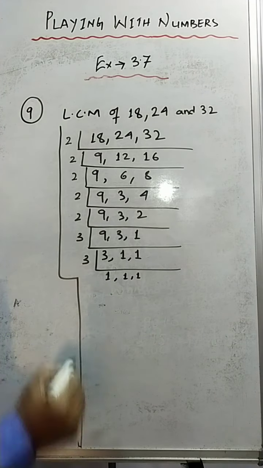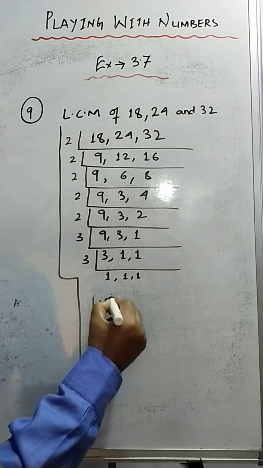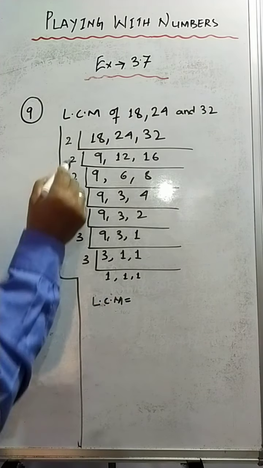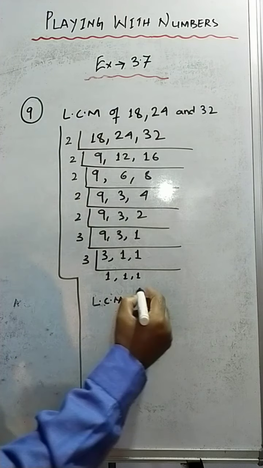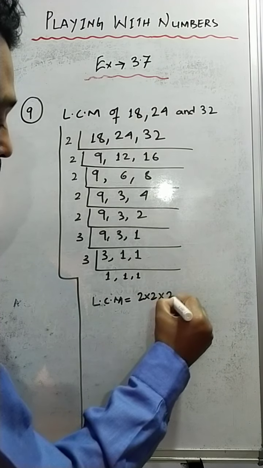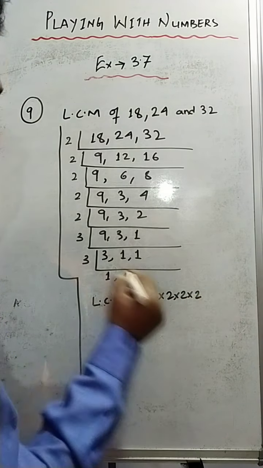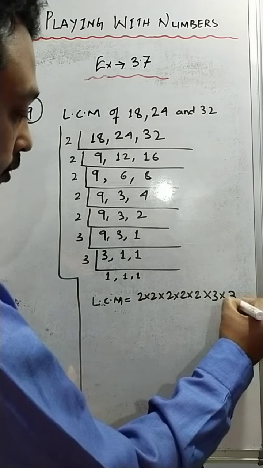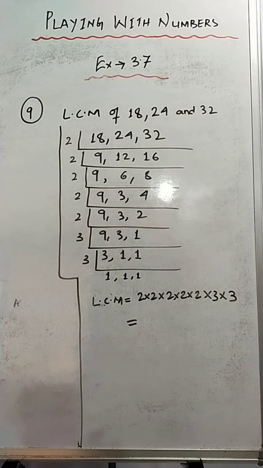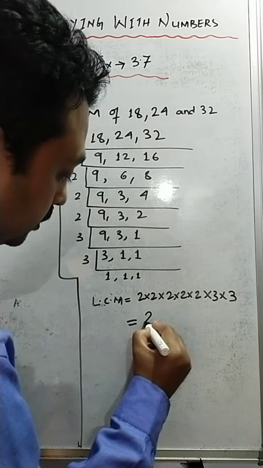So what is the LCM then? LCM would be 2 into 2 into 2 into 2 into 2, five 2s, 1 2 3 4 5, and 3 into 3. If you multiply all these numbers, the product you will get is 288.